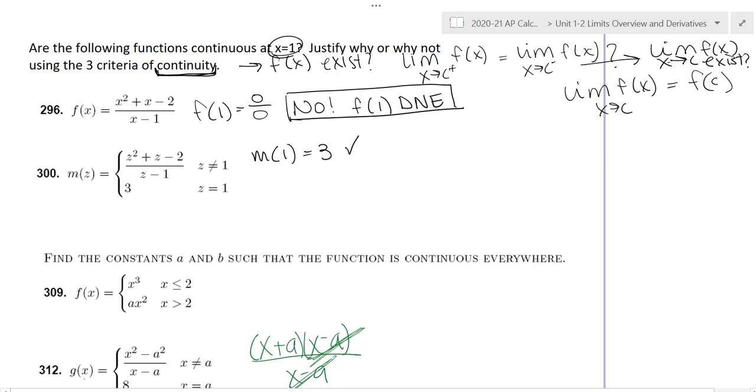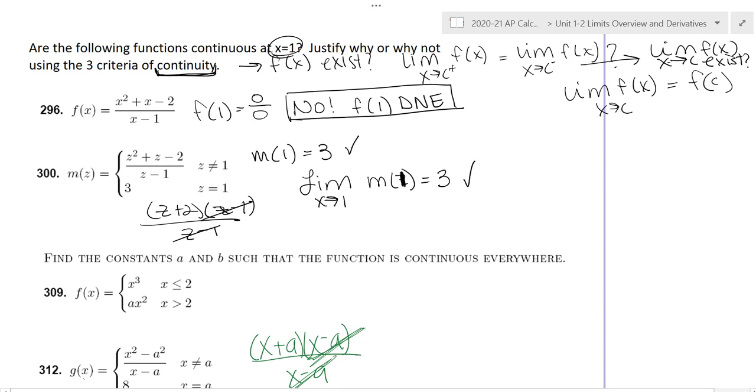If I were to factor this function out, I would get z plus 2, z minus 1 over z minus 1. So I would write here in my notation, the limit as x approaches 1 of m of 1 is going to equal, if I plug that in here, it does exist, 1 plus 2 equals 3.